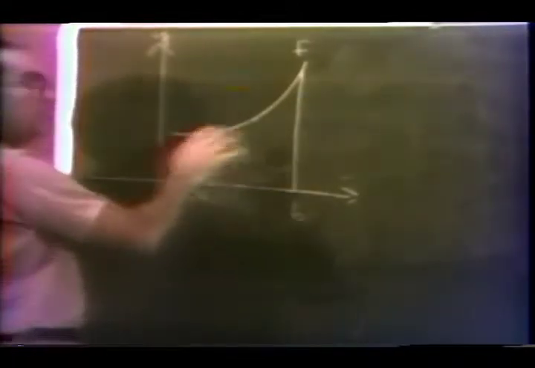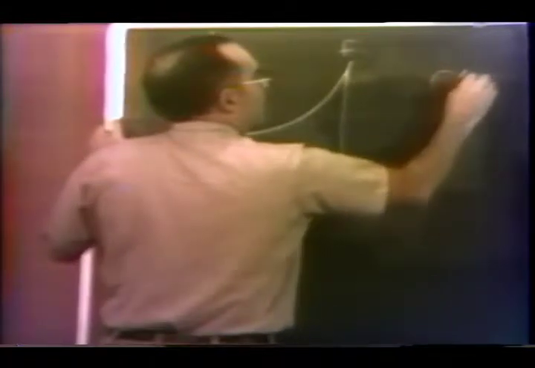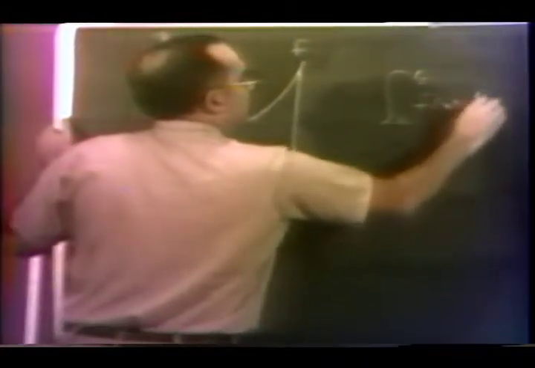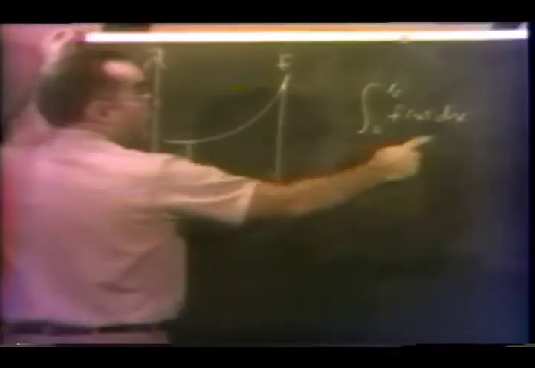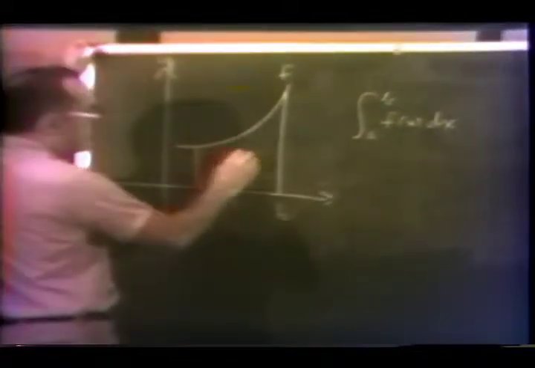Most of our physical applications have been built on the fact that we've approximated, or thought of, the definite integral from a to b of f of x dx as the area under the curve, the area of this region, if you will.